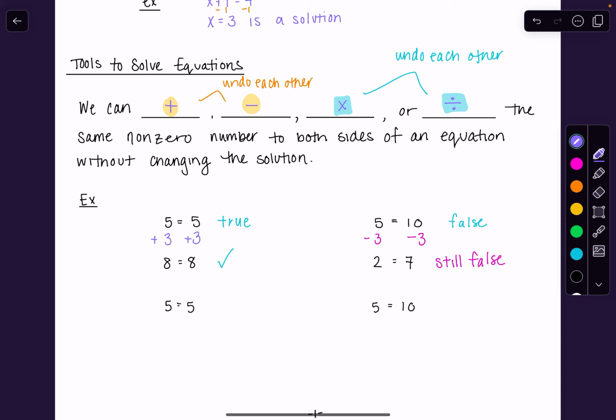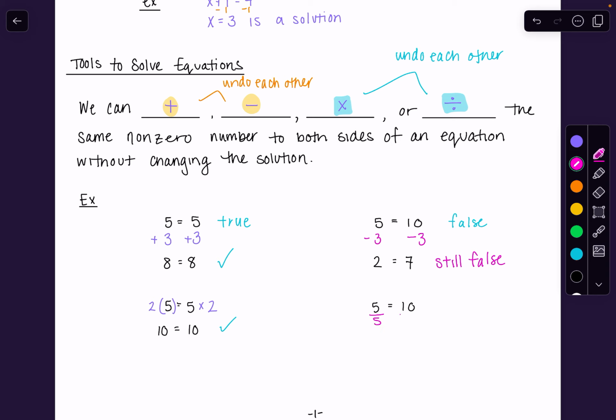So if I start with the side that is true, if I go ahead and multiply this side by 2 and then do the same thing here, so remember parentheses or writing this x or even a dot indicates multiplication. 5 equals 5 is true, and in the same way, 10 equals 10 is still true. And over here, 5 equals 10, we know that's false.